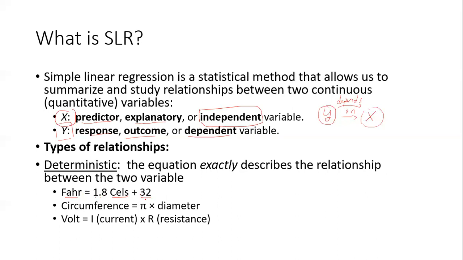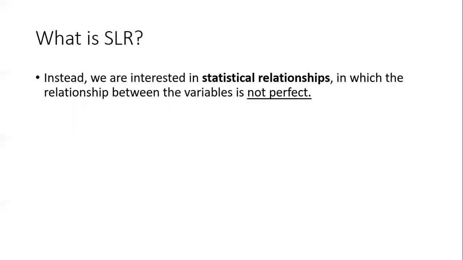So this is a deterministic relationship. It's for sure. Or the circumference of a circle is equal to pi times the diameter of that circle. Again, that's for sure. Or the voltage on a wire is equal to the current times the resistance of that wire.